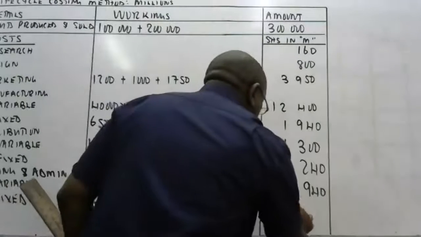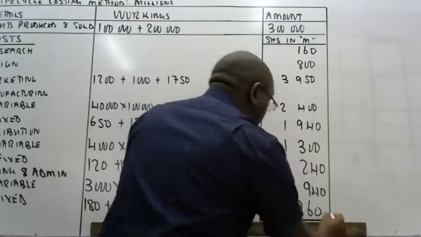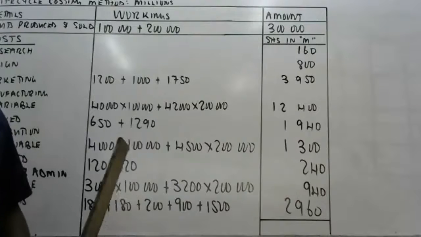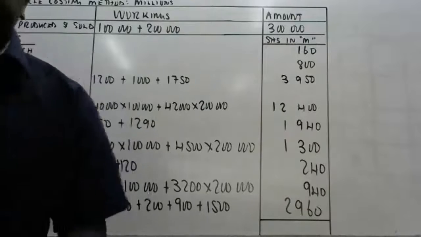2960. 2960. Now give me the total. Get the total now, from up there.